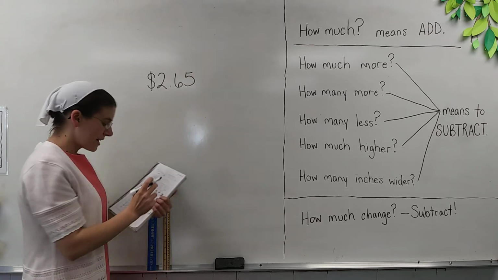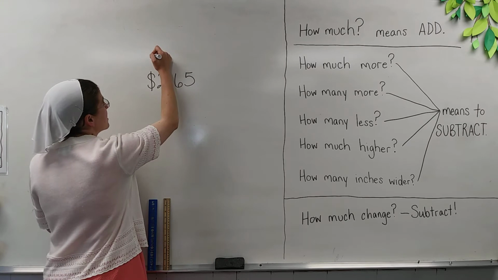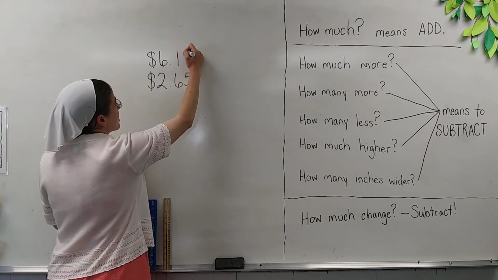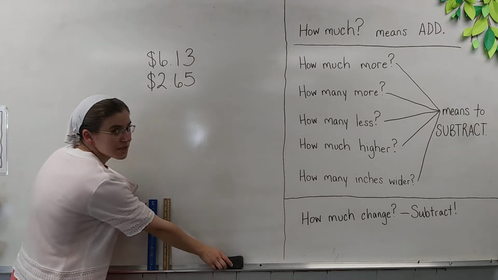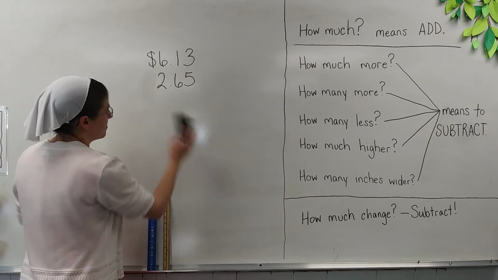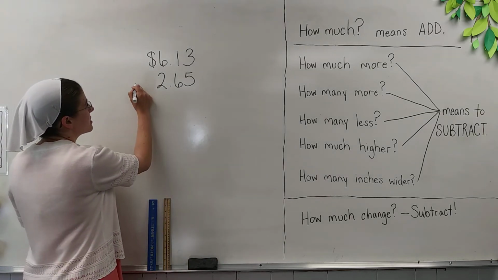Okay, and if I gave the clerk $6.13, I'm going to write my bigger number on top. And actually, when you do these kinds of problems, you don't need to put the dollar sign at the bottom. It kind of gets in the way. So we are going to subtract.